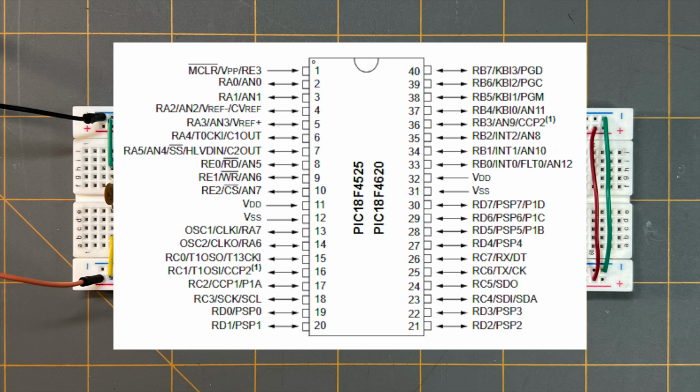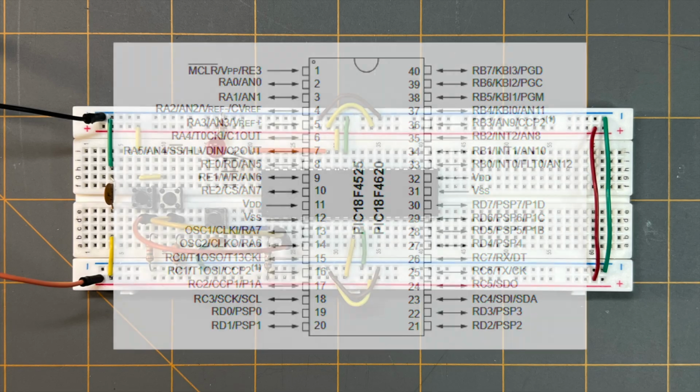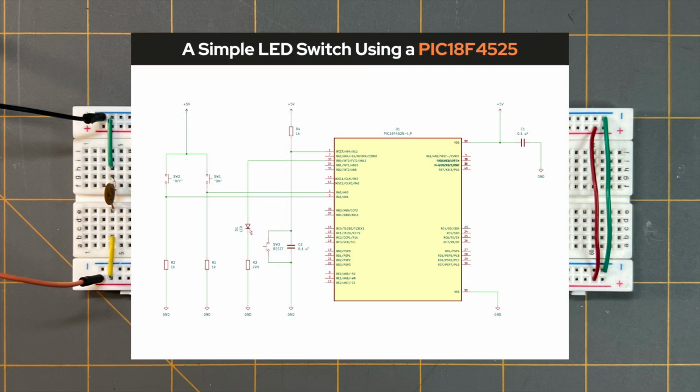Even though our schematic doesn't quite show this, there are 2 VDD pins, pins 11 and 32, and 2 VSS pins, that's pins 12 and 31, on the PIC 18F4525 microcontroller. We will connect both VDD pins to our positive power supply, that's plus 5 volts, and connect both VSS pins to our negative supply or ground, or 0 volts.